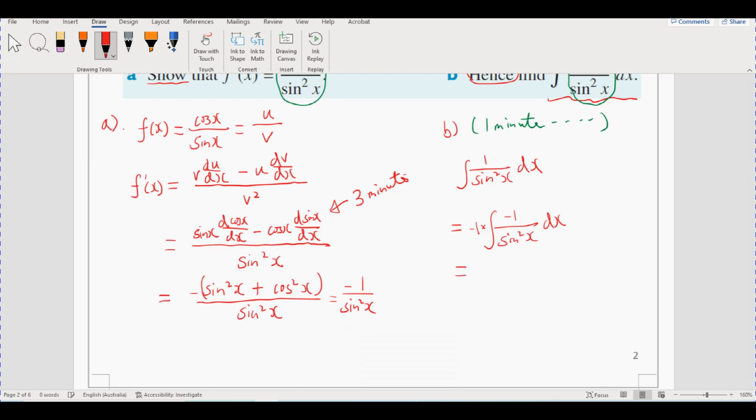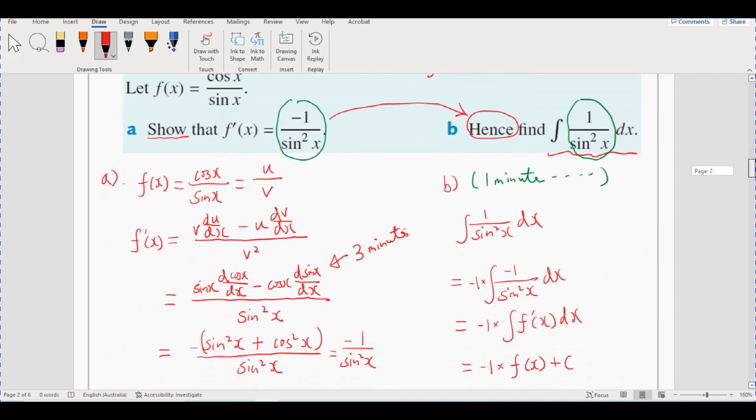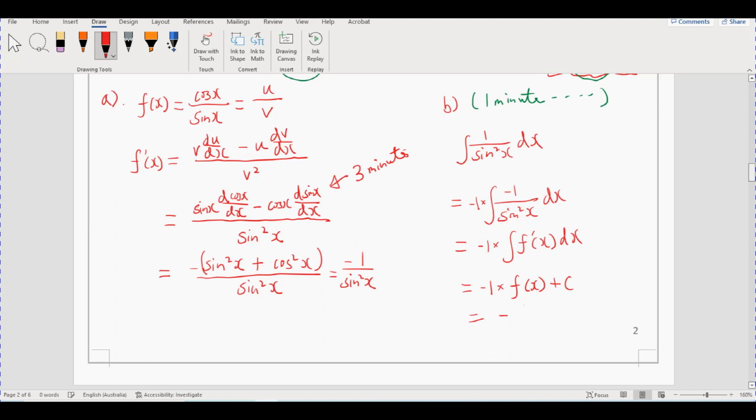And within the integral, right now, it becomes f prime x. So again, integration of a derivative will go back to the antiderivative, and the antiderivative is just cos over sine x, but you have a minus in front of it.